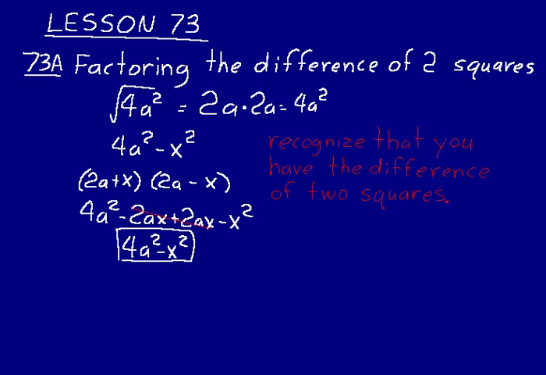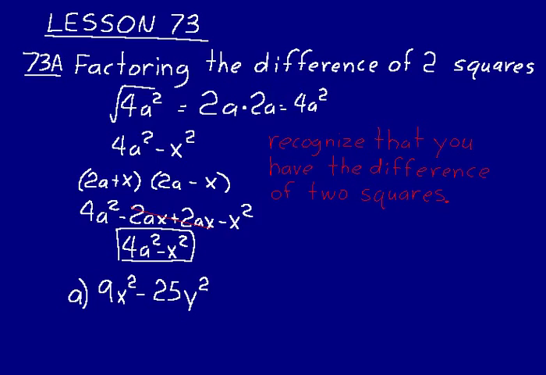So in the problem sets, they'll ask you to factor these binomials, and you'll think, well, all I've done so far is factor trinomials. Try not to skip back to that. Say, oh, I've got a difference of two squares. There are a lot of things that will give you a hint: the minus sign in between them, the fact that there are only two terms in that expression, and also that they are both squared terms.